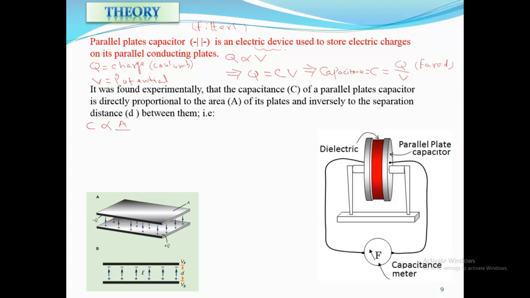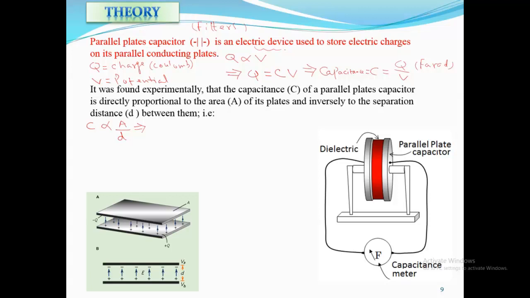And similarly, if you decrease the distance between the plates, you will be able to increase it. So if you increase the area, you will increase capacitance, directly proportional. And capacitance C is inversely proportional to the distance between the plates. So it means that capacitance will be increasing if you decrease the distance between the plates.